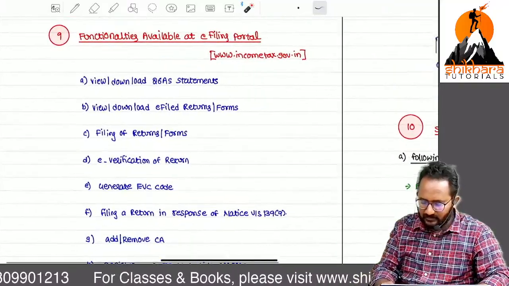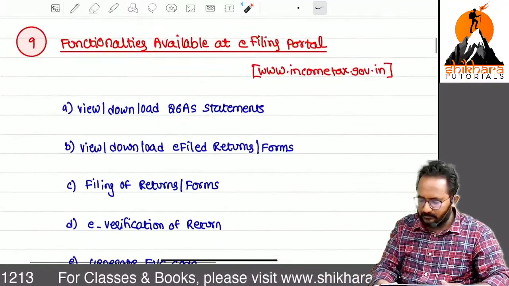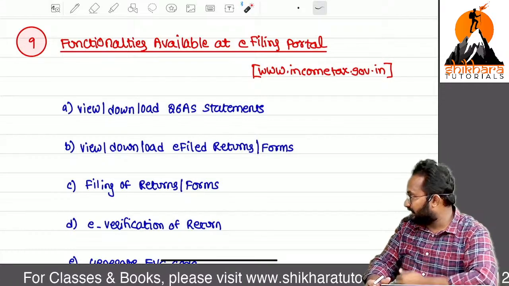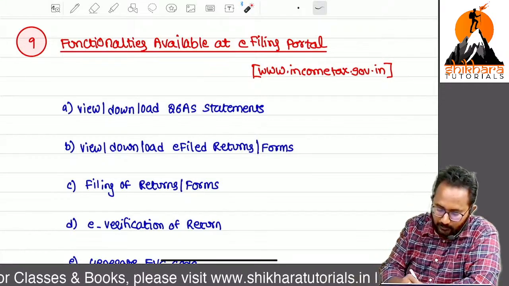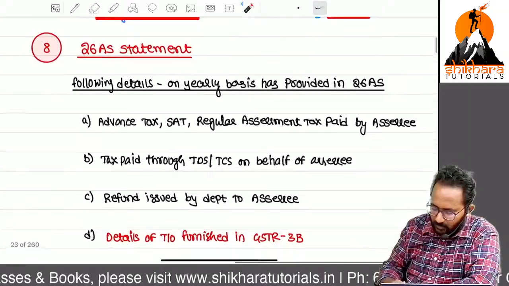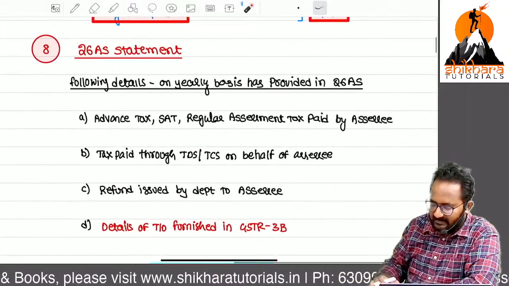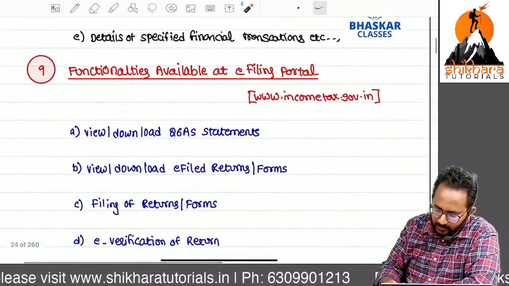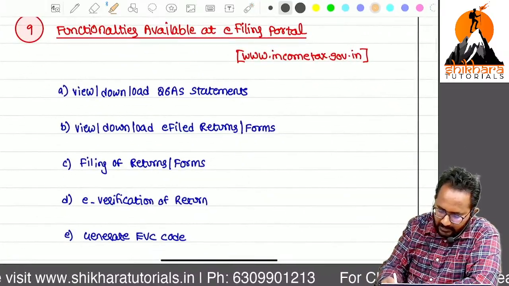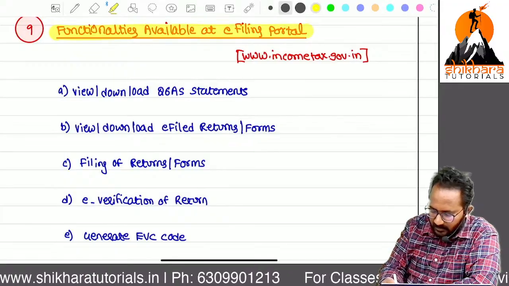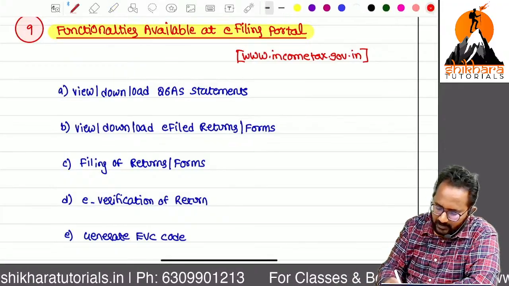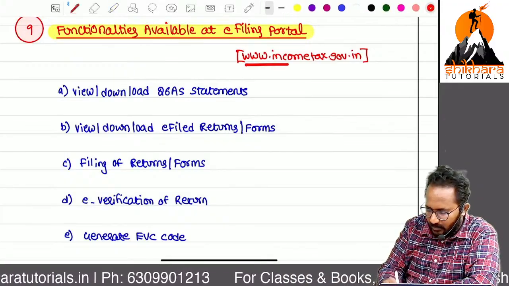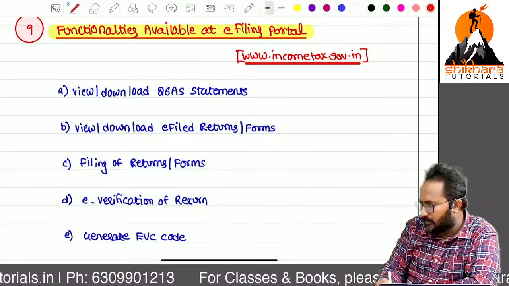Okay, now I want to go with one concept: functionalities available in the e-filing portal. I know one concept we are not discussing right now, the 26A statement, which we can discuss in the next session. But now I am jumping to the functionalities available in the e-filing portal. What is that e-filing website? www.incometax.government.in.